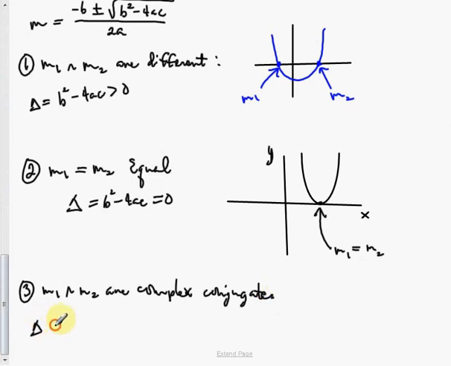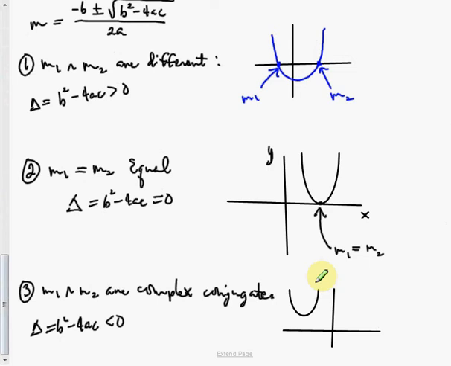So here our discriminant is less than 0. And so for whatever graph that we have, some parabola, it just never crosses the x-axis. And that's what that means.